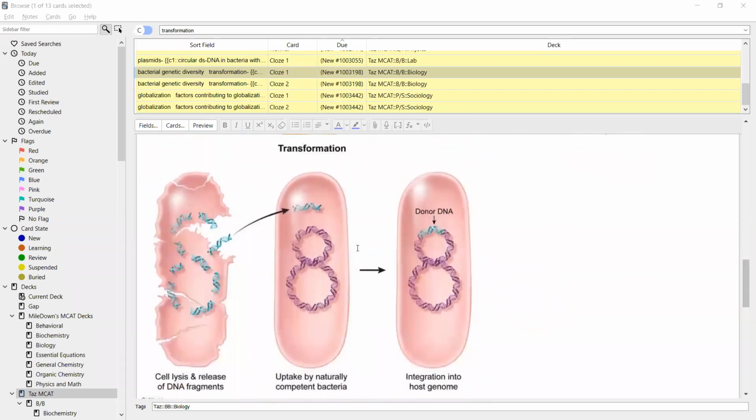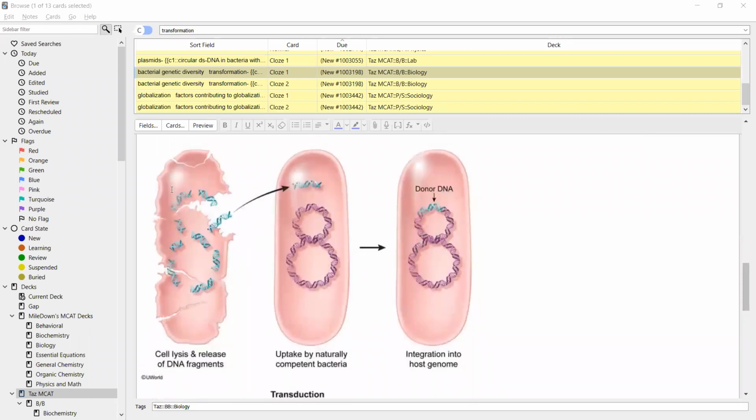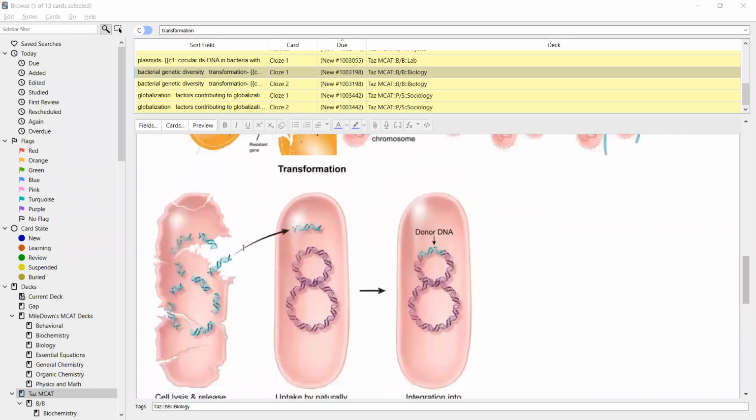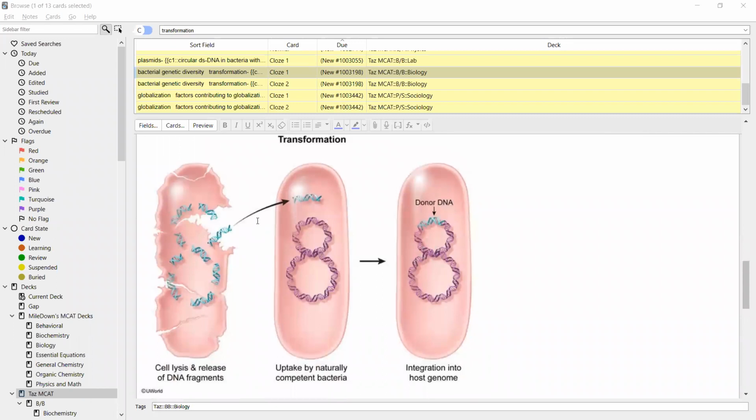One option is called transformation, and that's basically where another bacteria died and its DNA is just floating around, and a bacteria might just pick it up. It might just say, oh, this is interesting, and just pick it up, and it could get integrated into its DNA. And so now you'll see here again the theme of structure and function, right?